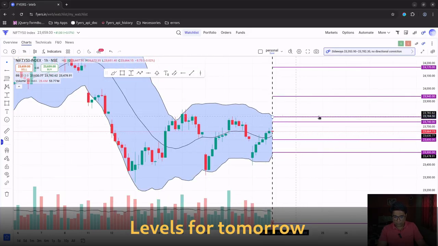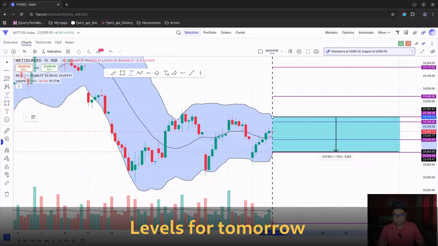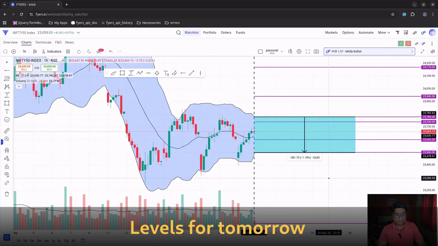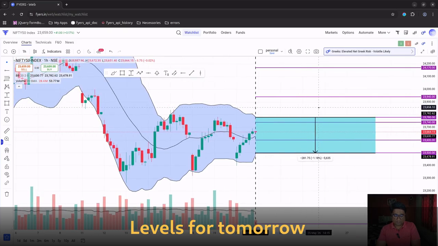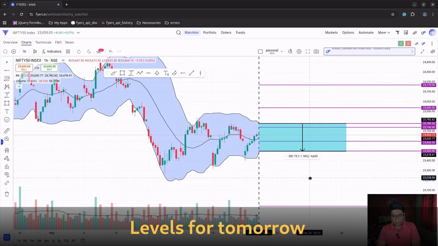Price is getting squeezed between these two levels. This is kind of a zone. So let's see tomorrow whether this squeezing price breaks above or breaks below.